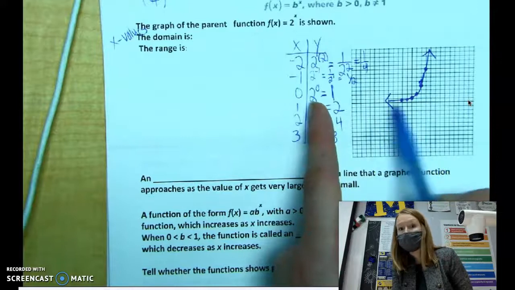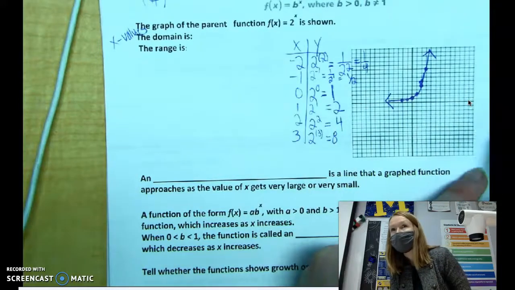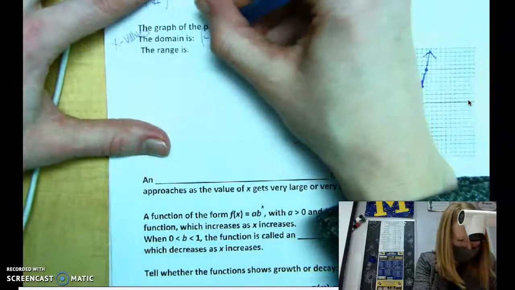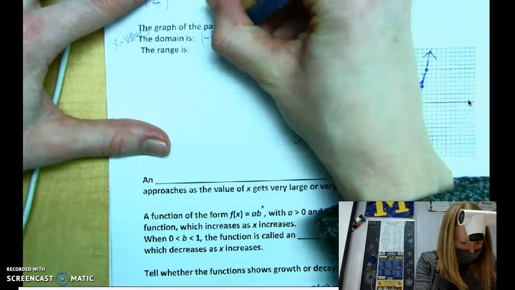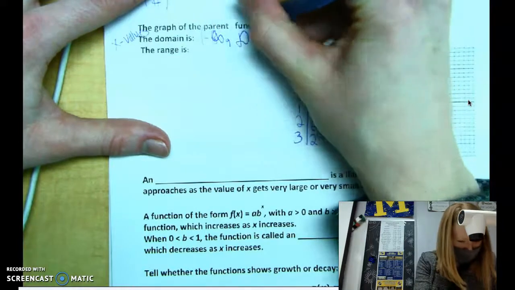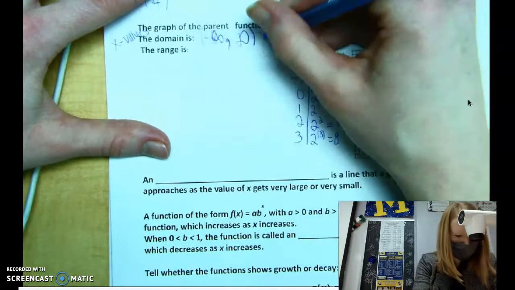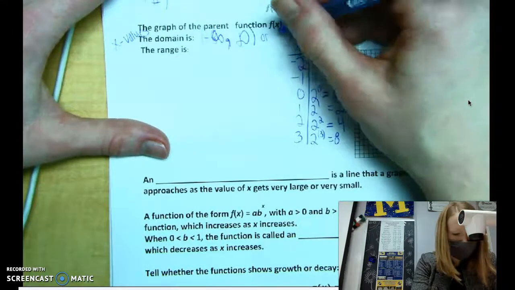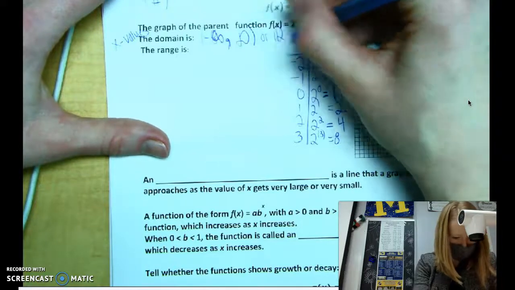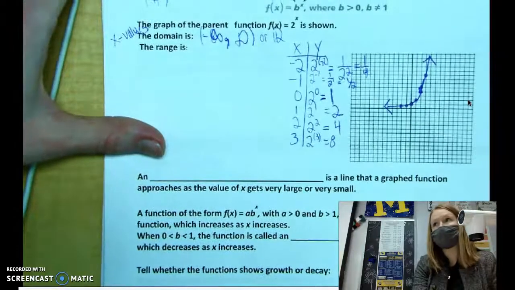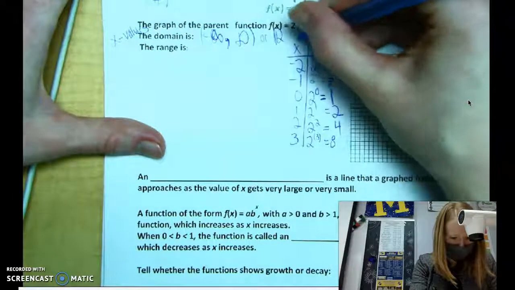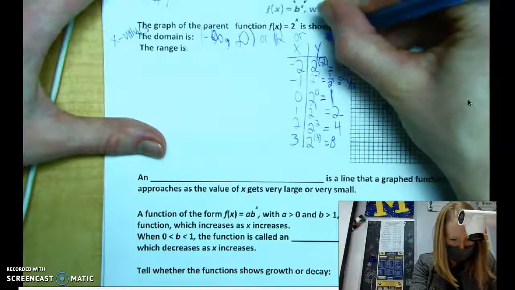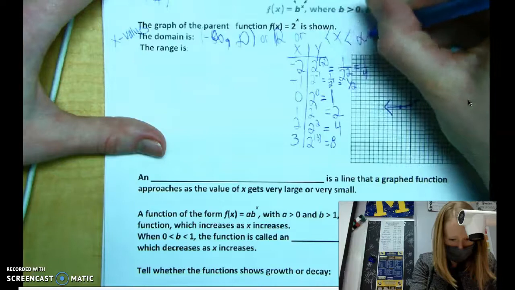I could have negative x values, I could have positive x values, right? That means my domain could go from negative infinity to infinity. So remember, this is interval notation. You could also say all real numbers. Remember, that's a fancy R with an extra line through it. Or you could say x is between infinity and negative infinity.